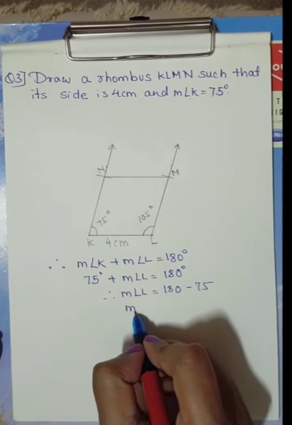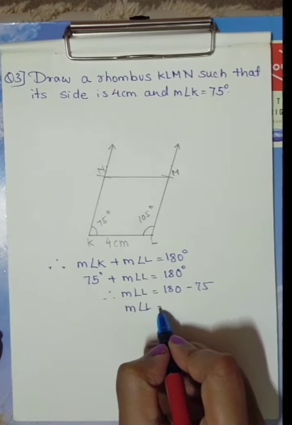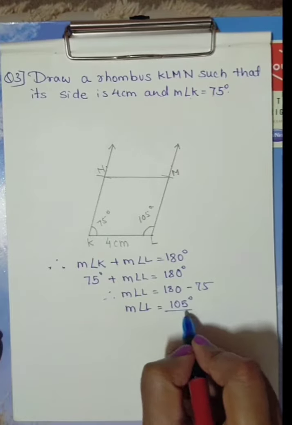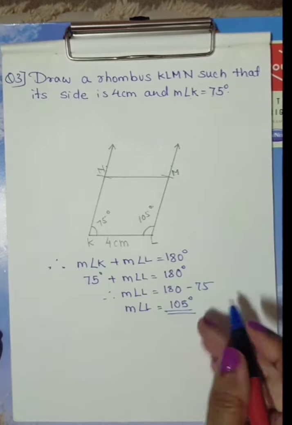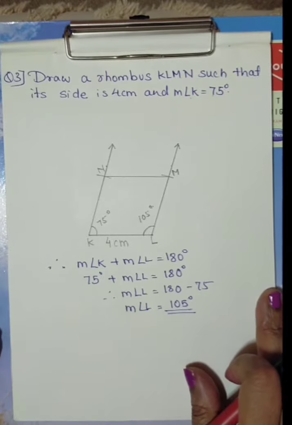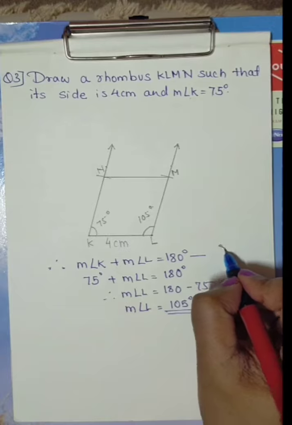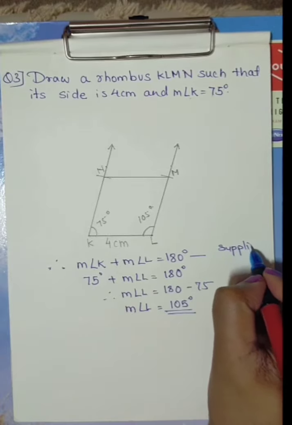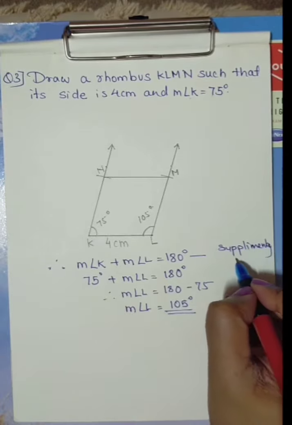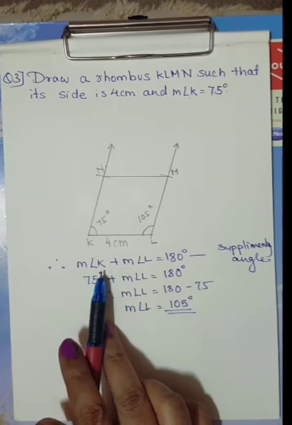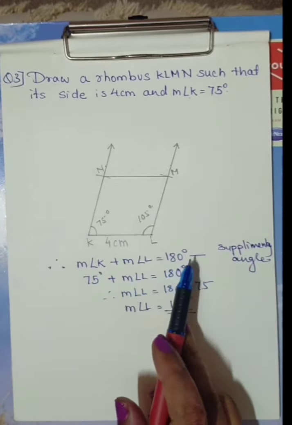So we got measure angle L as 105. Okay, I hope you understood. This is because of supplementary angles. Okay, measure angle K plus measure angle L is equal to 180 degree.